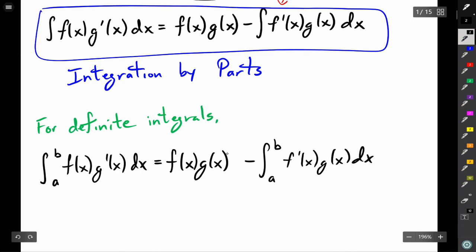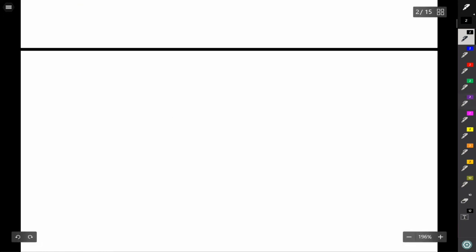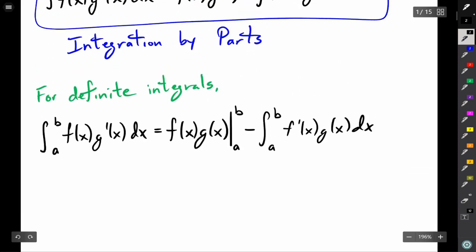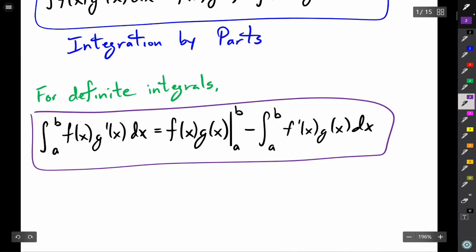And this first term has already been integrated, so we just evaluate it from a to b, like after the fundamental theorem of calculus part. So yeah, that's integration by parts. Hopefully it seems pretty interesting and useful. Like I said, this will allow us to integrate many, many things that we wouldn't otherwise be able to.